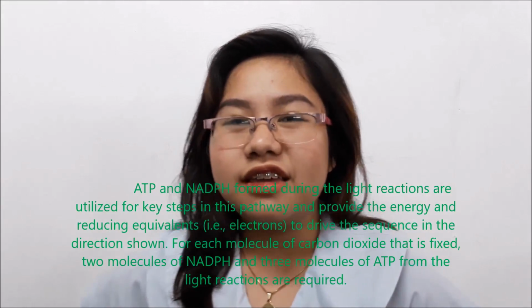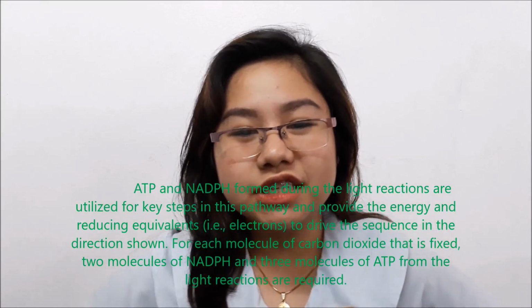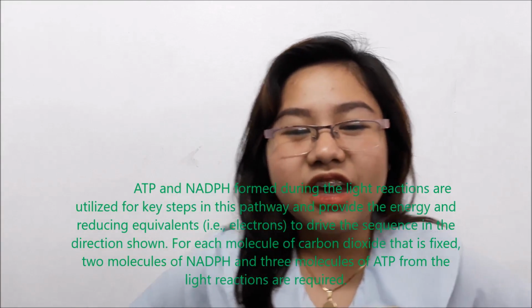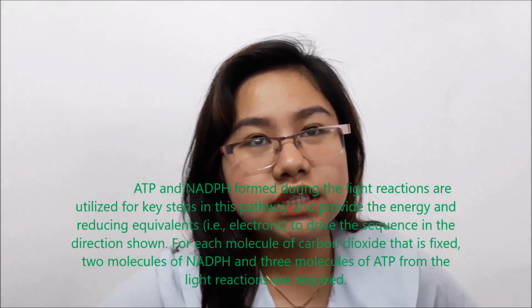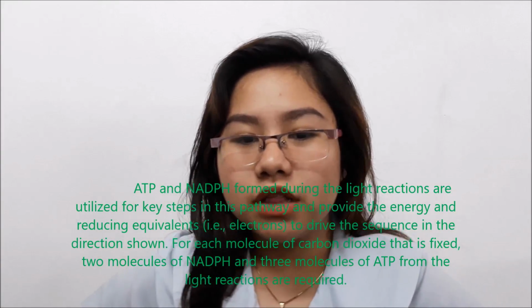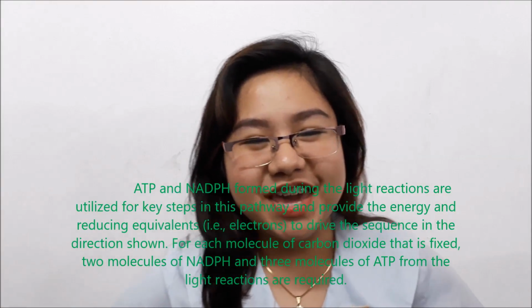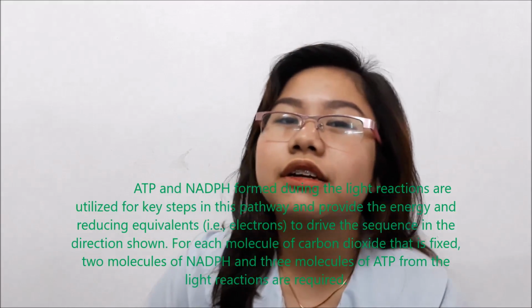However, they are activated when the leaves that contain them are exposed to light. ATP and NADPH formed during the light reactions are utilized for key steps in this pathway and provide the energy and reducing equivalents to drive the sequence in the direction shown. For each molecule of carbon dioxide that is fixed, 2 molecules of NADPH and 3 molecules of ATP from the light reactions are required.